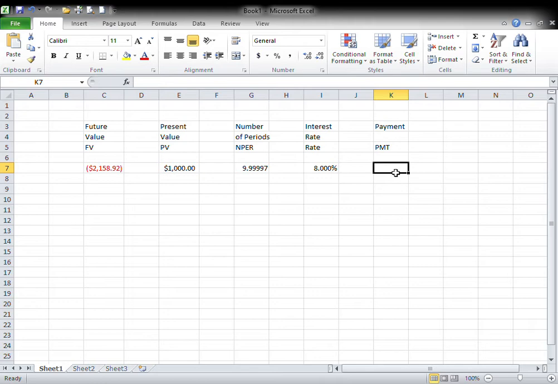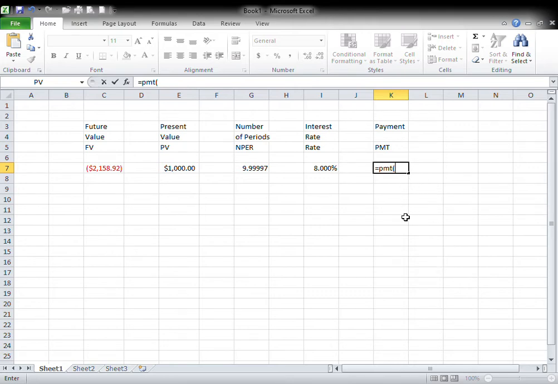So we can calculate a payment, and to do this, we'll put in the equal sign. We'll put in the PMT. We open up the parentheses, and it gives us what we need to be able to do.